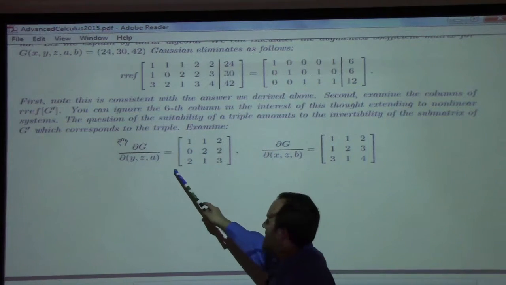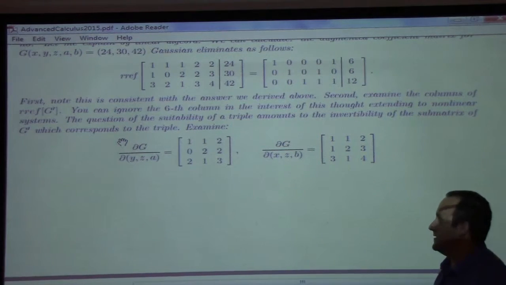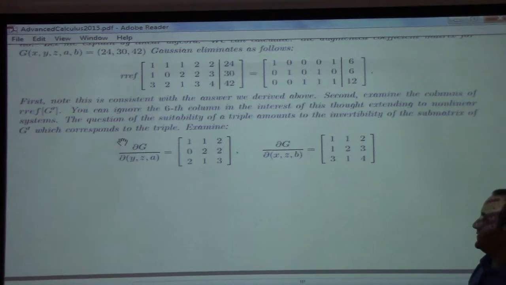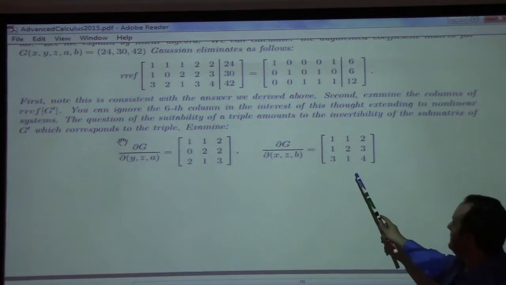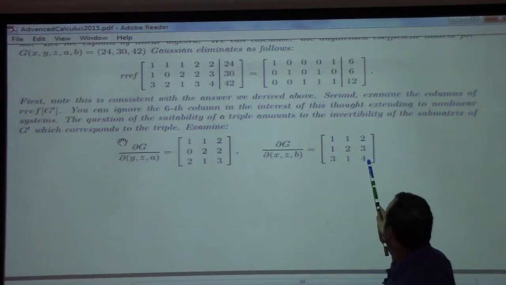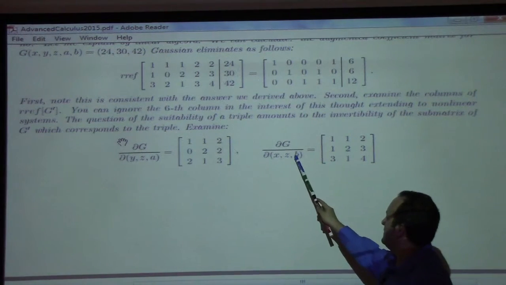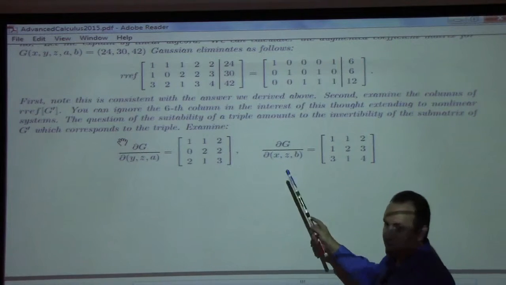So I cannot eliminate y, z, and a; I can't solve for those as functions of the remaining variables, x and b. Can't be done. And I can't solve for, well, can I? I don't know. Is this one invertible? Oh, okay. So again, I cannot solve for x, z, and b as functions of a and y.